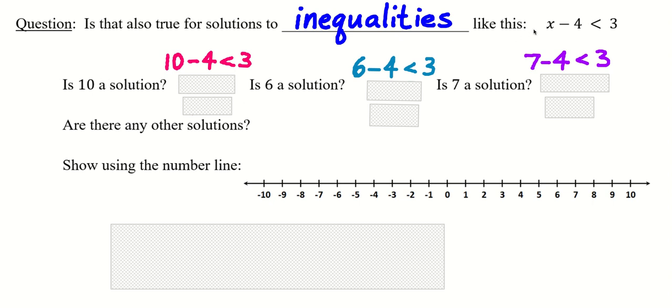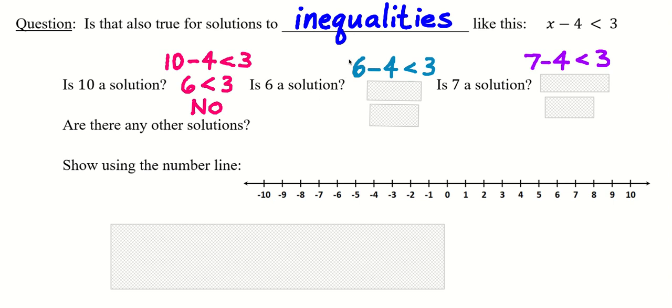Is 10 a solution? If we replace the x with 10, does that now make this true? Is 10 minus 4, in fact, less than 3? Well, no. 10 minus 4 is not less than 3. So that means 10 is not a solution.